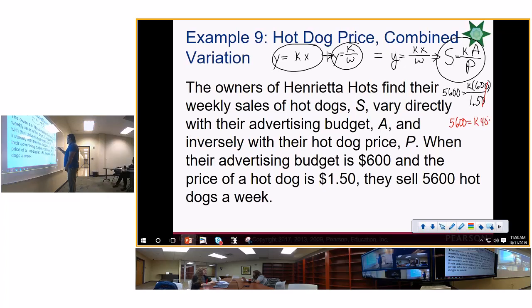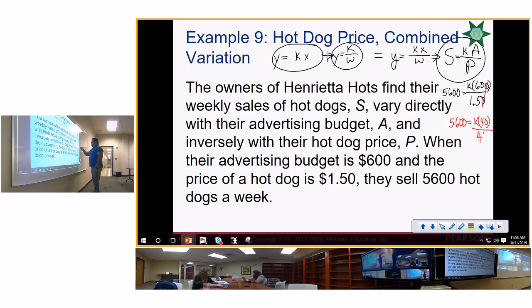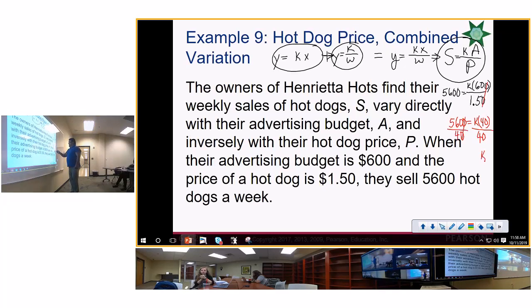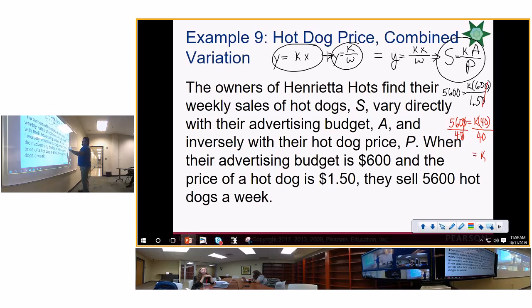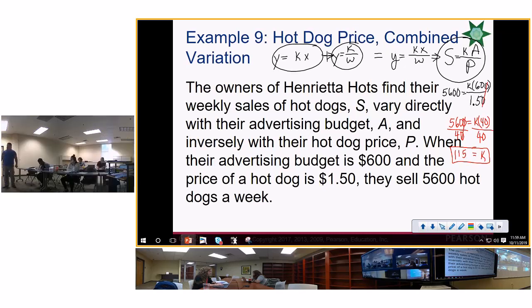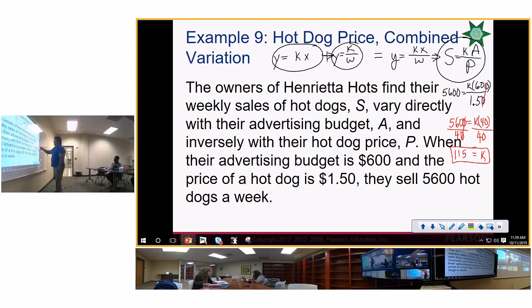Got another zero to take out. K is equal to, how many times will 4 go into 5? 1 time. Into 6? 1 time. Into 20? 5 times. So K is 115? I got 14, because 600 divided by 150 is 400. I didn't do one decimal.